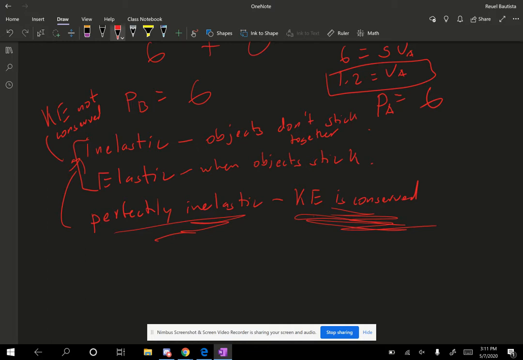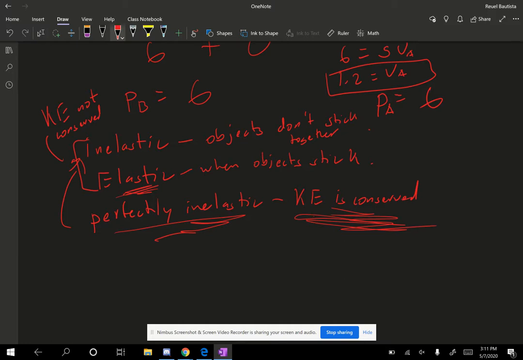No. When they stick together, there's going to be kinetic energy loss. So in an elastic collision, actually, a lot of kinetic energy is going to be lost. Nope, not exactly. I'm saying that it's almost impossible in the real world, so I'm asking for the real world.